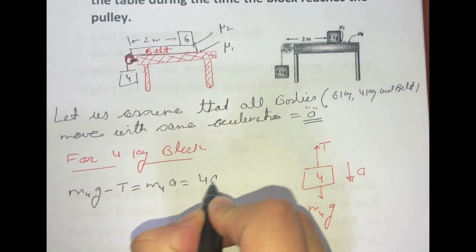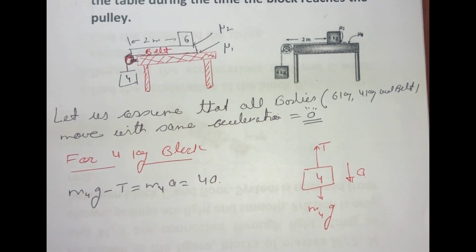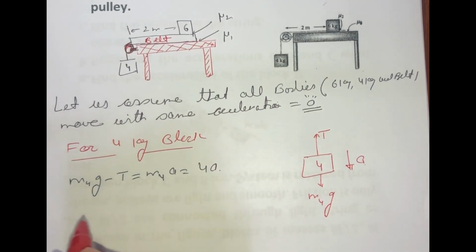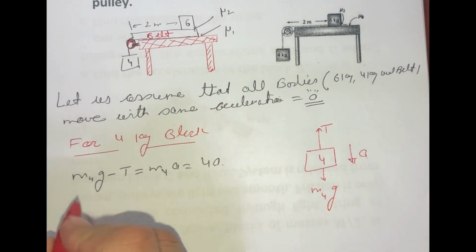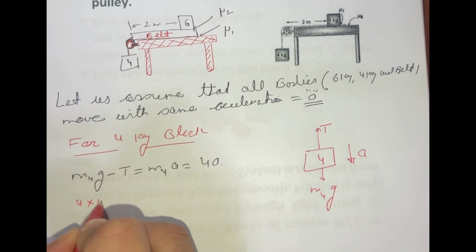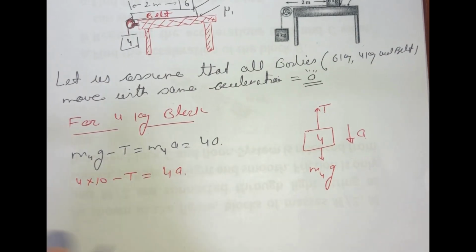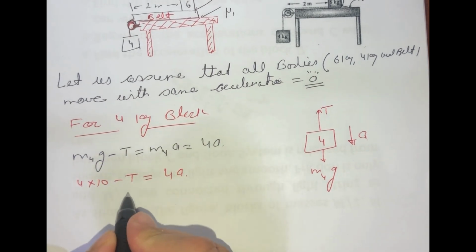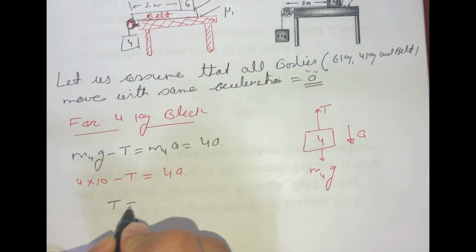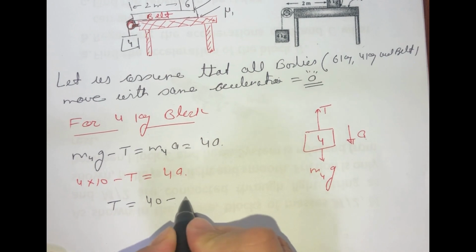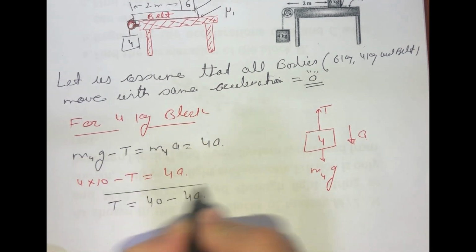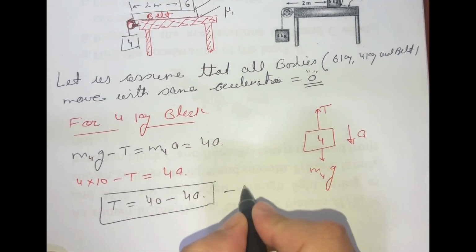So it means 4 multiplied by 10 minus T is equal to 4a, or we can say T is equal to 40 minus 4a. Let us call this equation number 1.